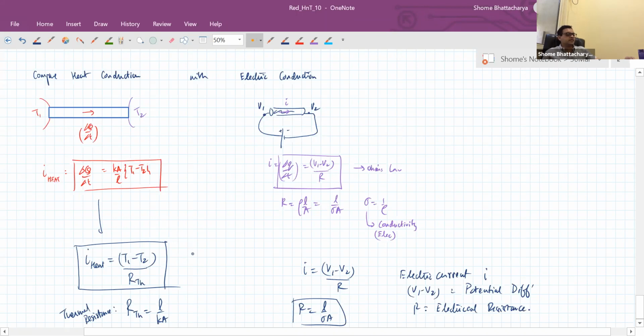And analogous to that, here we have heat current in watts, whereas electrical current was in amperes. We have temperature difference and we have thermal resistance.